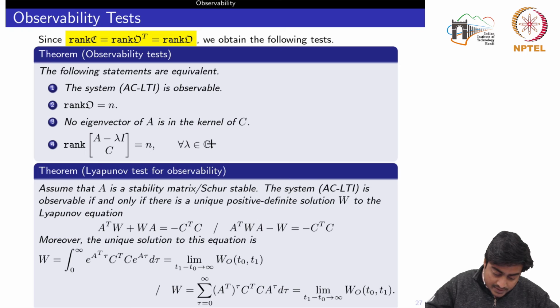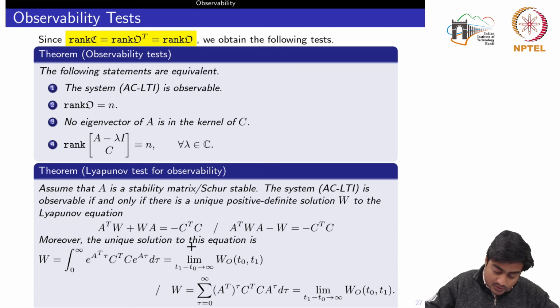Now there was one additional result, the Lyapunov test for observability, which assumes that the matrix A is a stability matrix. So we can say that the system is observable if and only if there is a unique positive definite solution W to this Lyapunov equation in continuous time and this Lyapunov equation in discrete time.